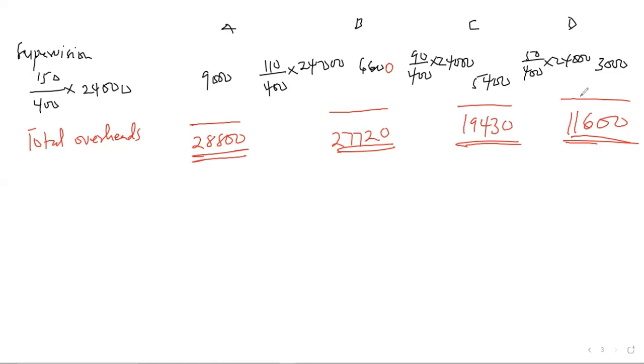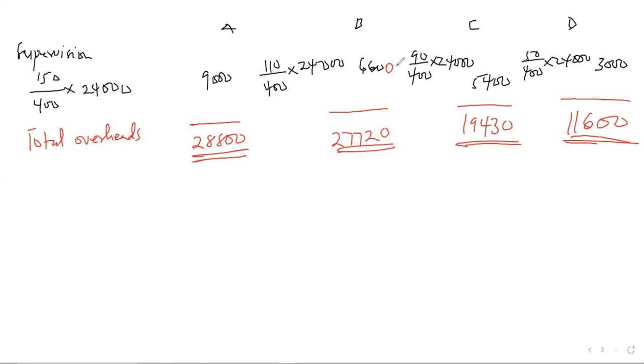For you to know the true value of the total overhead cost for the production department, we need to reapportion this amount of overhead cost, which is assigned or apportioned to the service department. So this 11,600, we need to reapportion to A, B, and C.